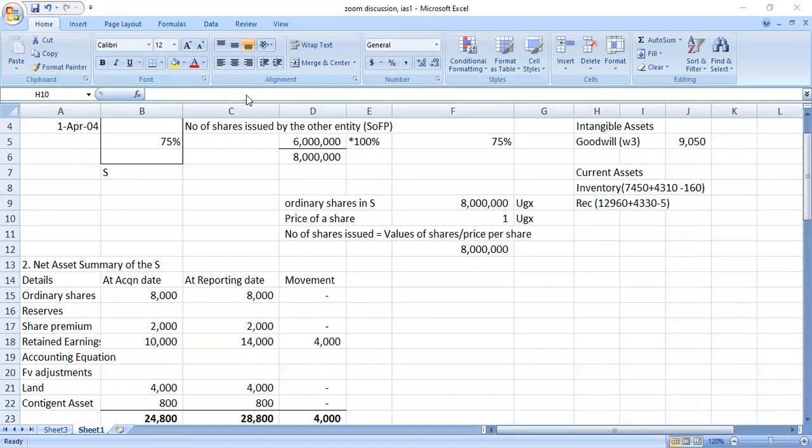Then you have cash and bank. The parent has nothing, but the subsidiary has 520. So 0 plus 520. No adjustments regarding that. Then we go to equity.